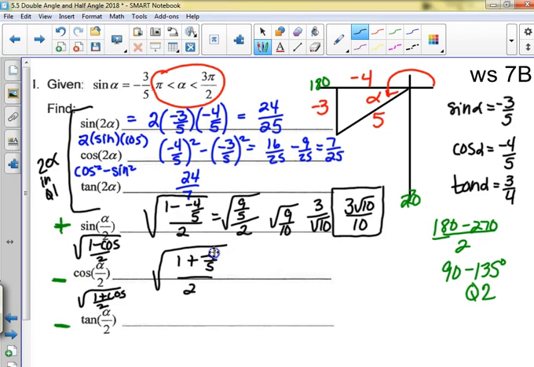So 5/5 plus negative 4/5 is 1/5 divided by 2 will be, did anybody do it? 1/10, yes? Did you type it in? Do you need me to do it on my calculator to show you?